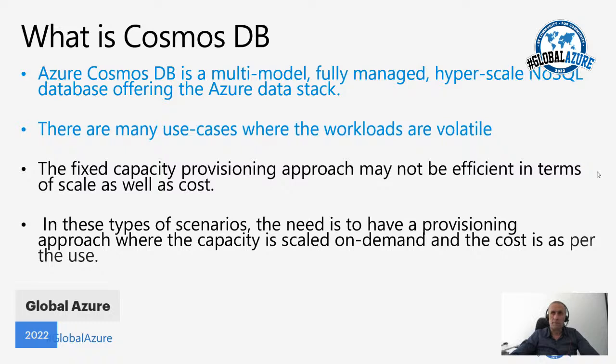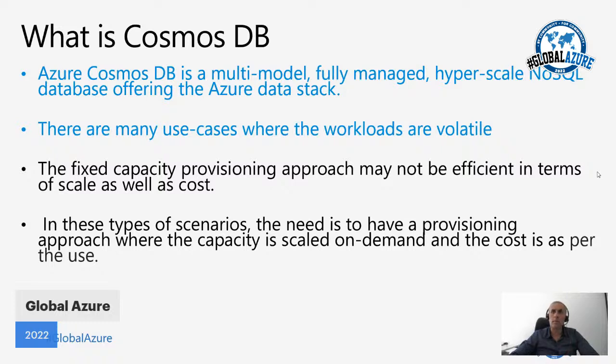So, as I mentioned, there are many use cases where workloads are volatile and it is not possible to have a stable prediction for some longer timeline about the expected workload. This is the most important point, as in many cases in the past it needed programmatic changes of provisioned throughput or needed to use autopilot mode, which is another specific configuration.